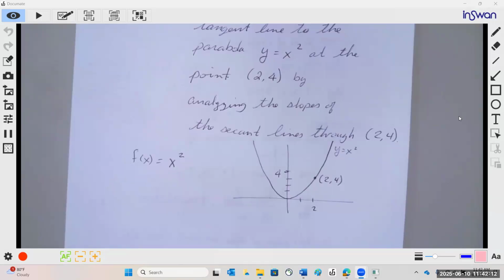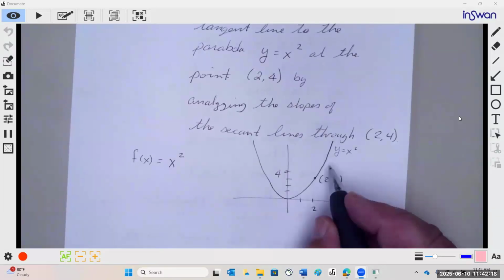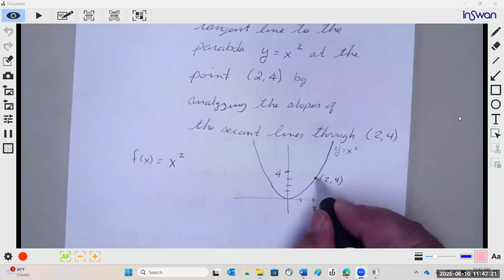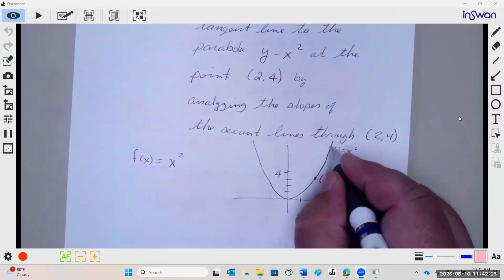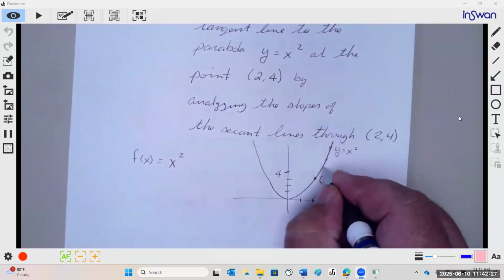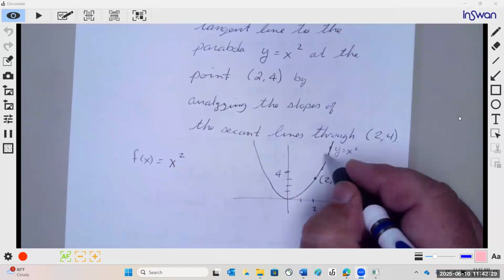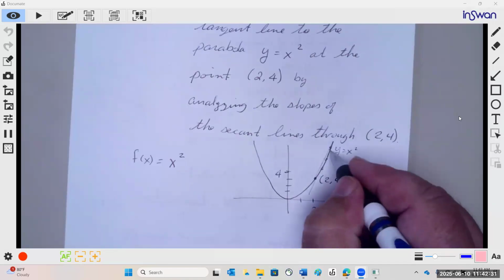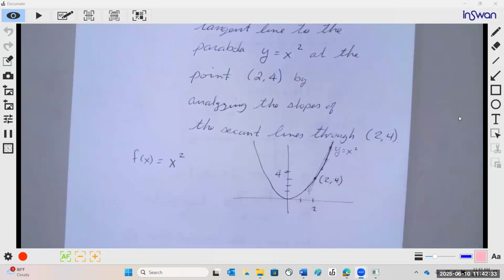So how will we find the slope of the secant line to that curve at that point? In order to find the slope of the curve at that point, we need to find a whole bunch of these other points on the curve and then find the slopes between each of those.